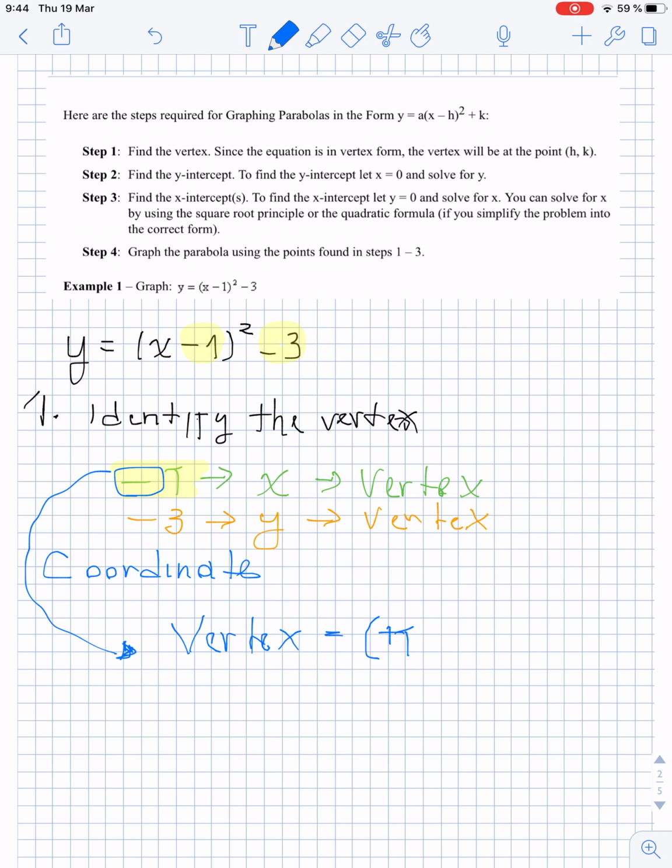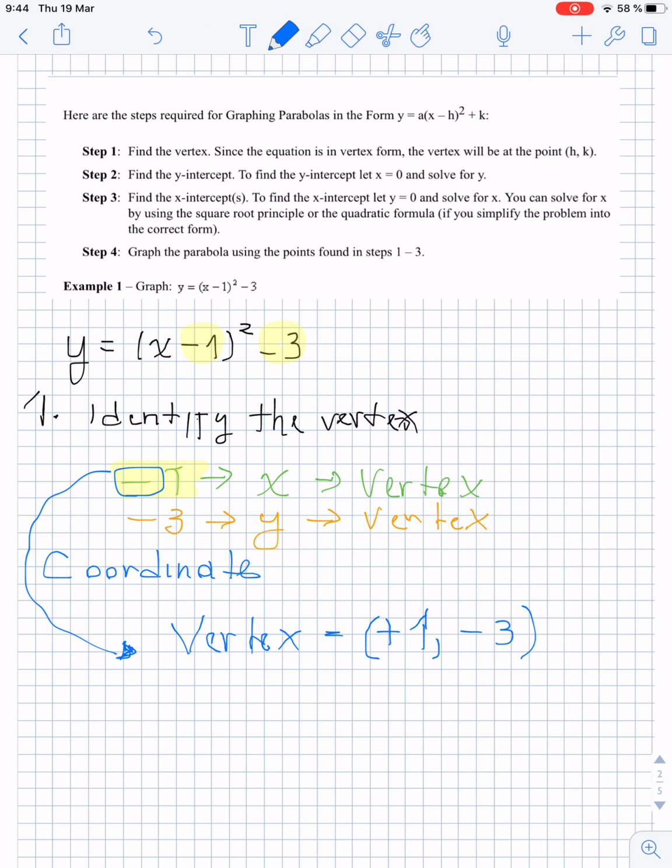It always happens, guys. Comma, the value of y is the same, minus 3. In this sense, we found the vertex. I'm going to write this number better, that is plus 1.